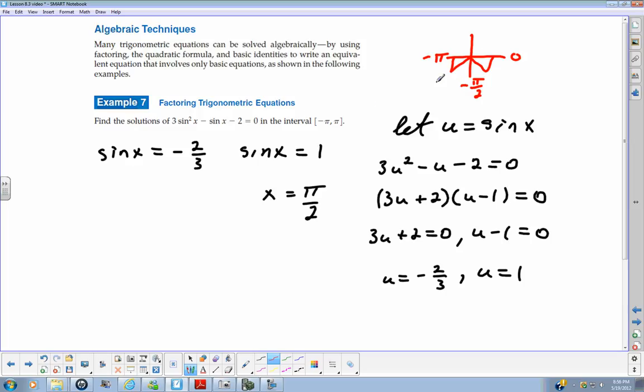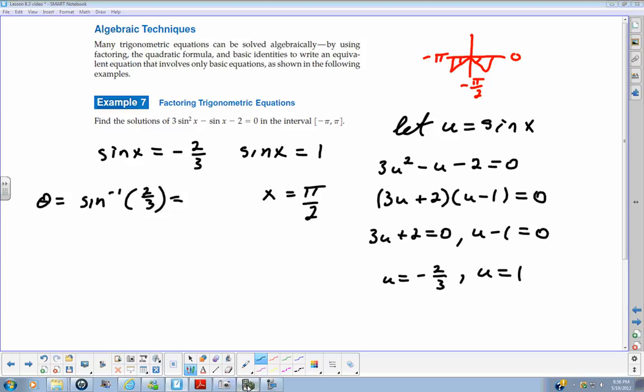So what we're going to do is find our reference angle. We're going to do the inverse sine of just positive 2/3 to help us out here. All right, and let's find out what that equals. We'll call that theta.